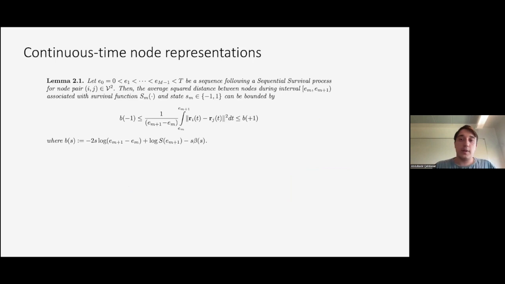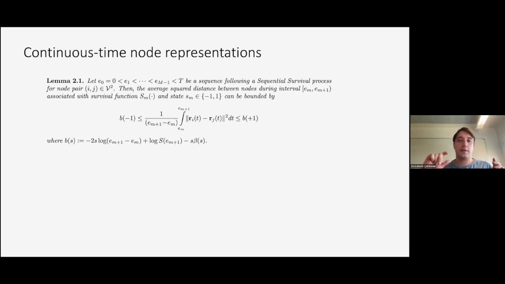Also we can write some lower and upper bounds for the average distance between nodes for a given interval. So we can have some guarantees about representing the temporal changes in the network in the latent space.